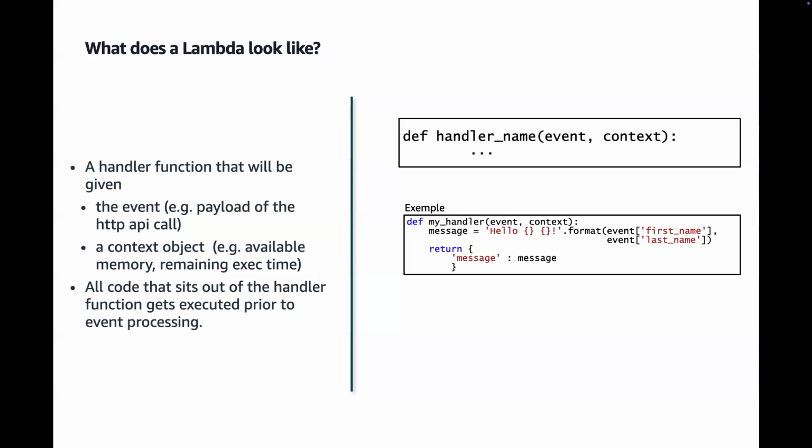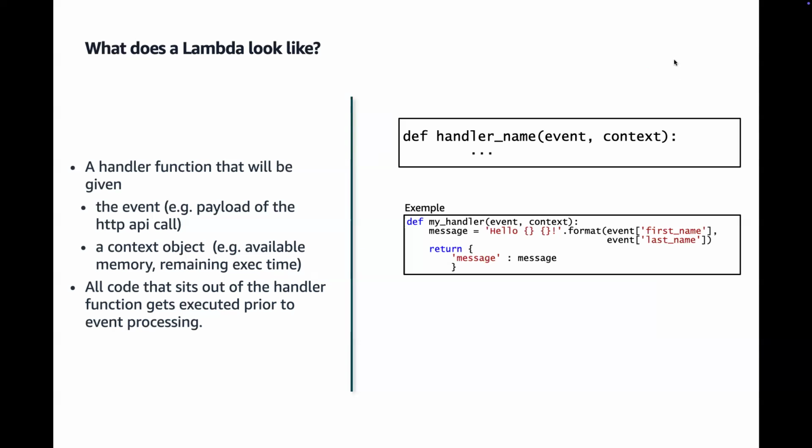The event basically is the payload of the call, and the context gives some useful information, such as how much time I have left in my Lambda, or how much memory is available in my Lambda, for example.